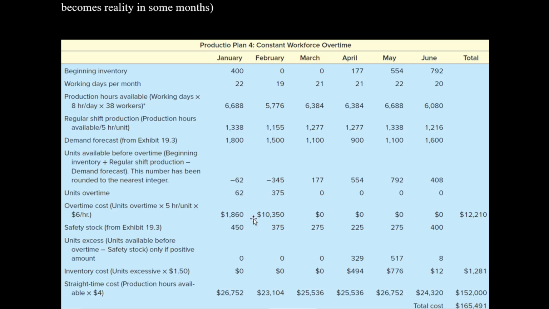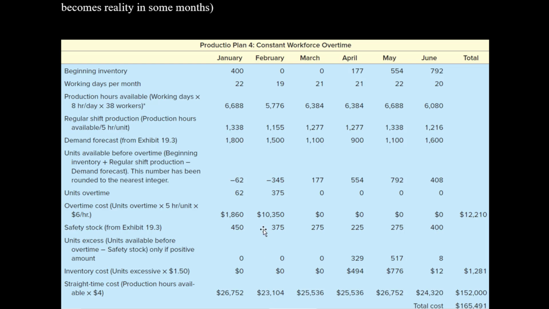So safety stock will be 375 here. Whatever is produced will be there in your safety stock. So you will produce the units overtime, and nothing will be available because we are just meeting the shortage through overtime, and nothing will be available for carrying to the next month. So this will be the total costing here.